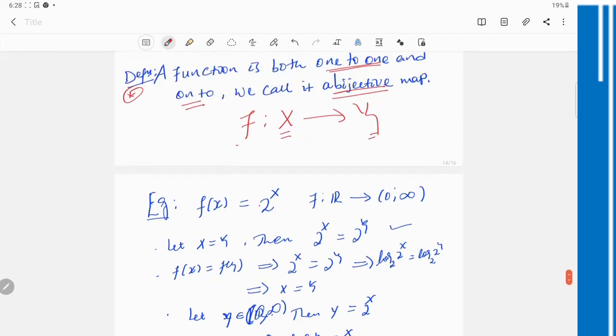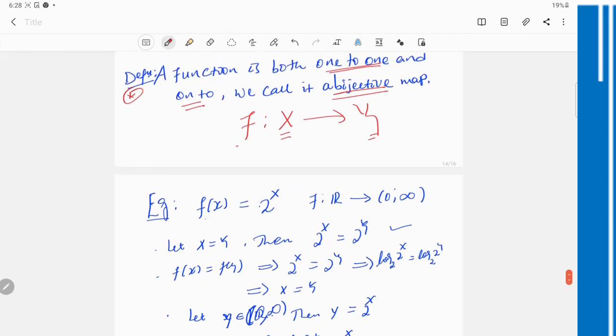So for example, now f of x is given by 2 to the power of x, which is an exponential function. So the graph looks like this.